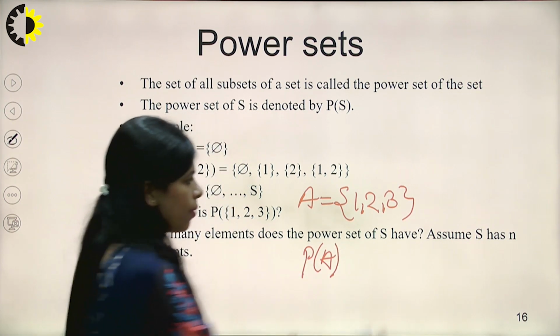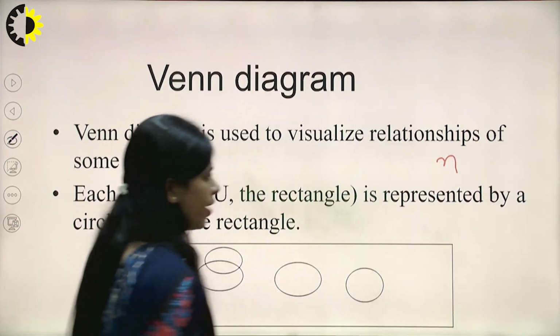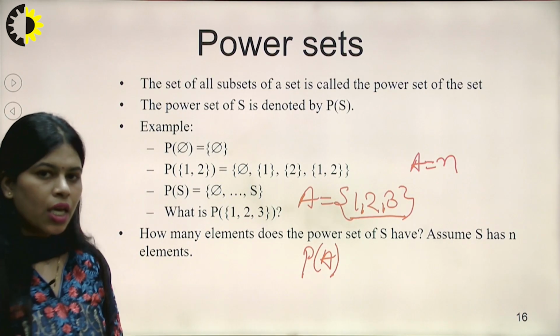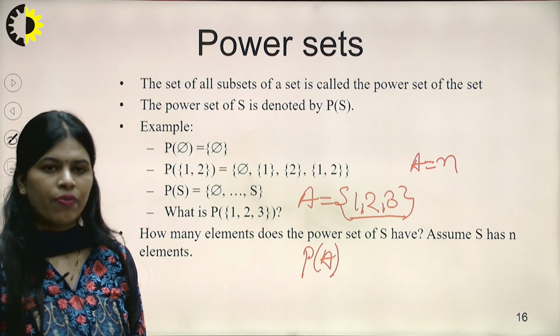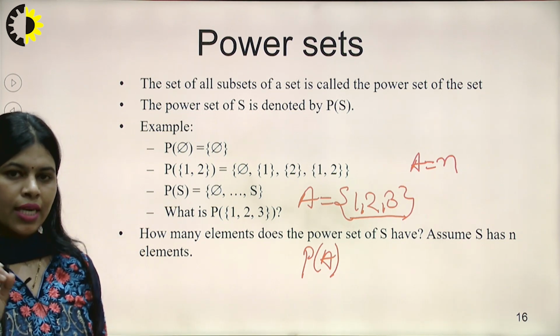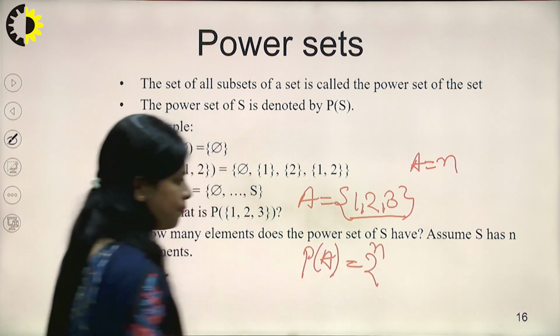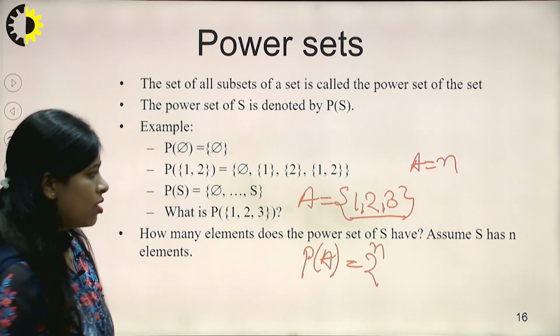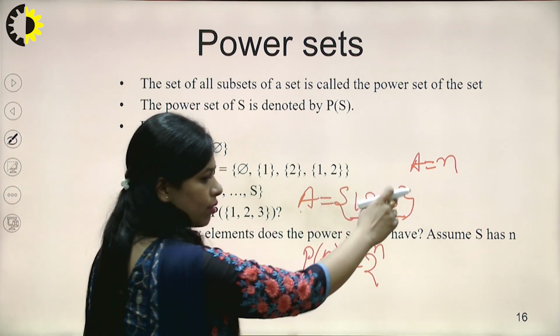If A has n elements, then the power set of A has 2 raised to the power n elements.